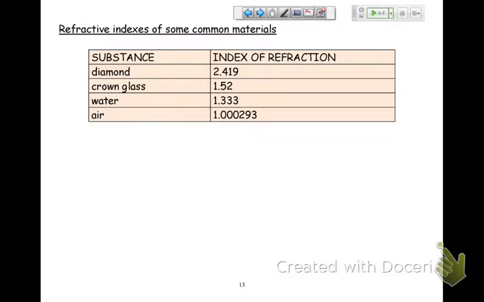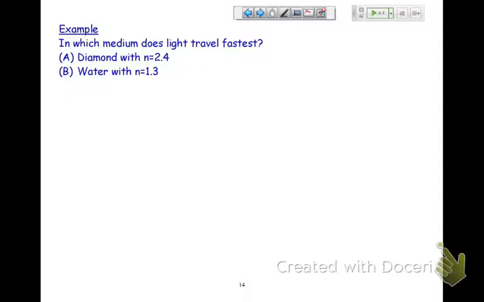And refractive indices vary. Diamond has a very high refractive index, 2.4, which means it slows light tremendously, and air does very little slowing, water more significant, and so on. I don't remember if we did this last time, but which medium does light travel fastest in?